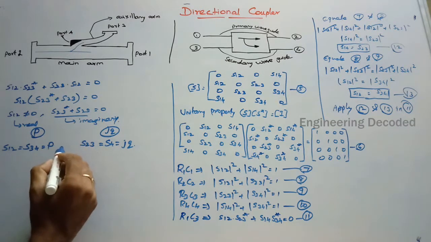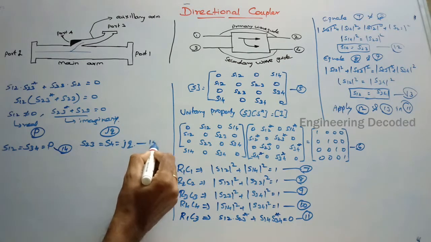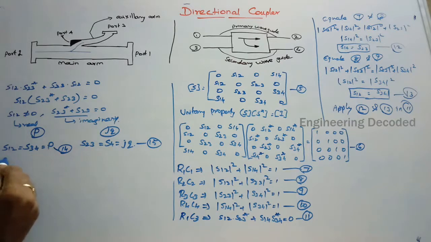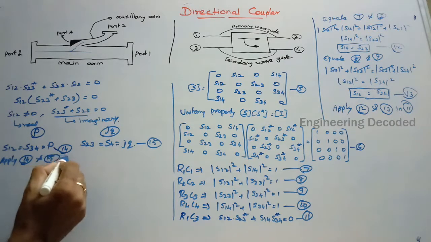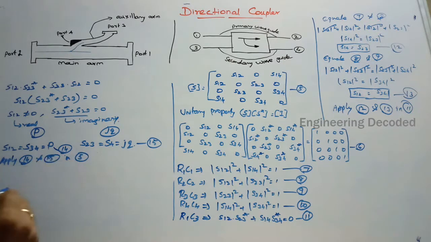Now we have got these two relations. We can mark this one as equation number 14 and this one as equation number 15. Now apply 14 and 15 in equation 5.